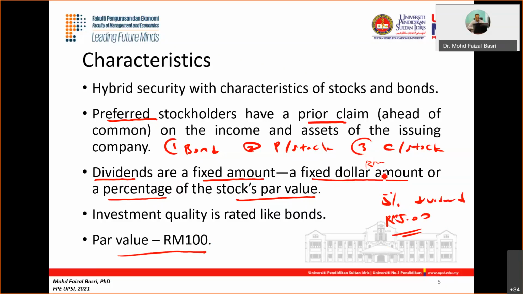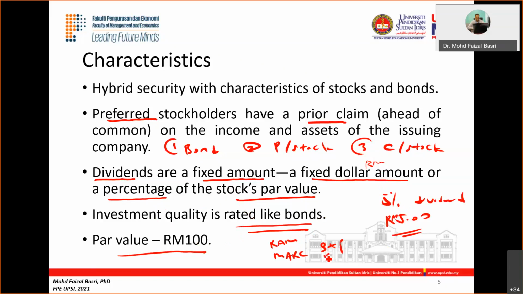Another similarity between bonds and preferred stocks is that all preferred stocks need to be rated, just like bonds. Remember we have RAM; we discussed this before in bond valuation. We have rating agencies, for example RAM, Marc, S&P and Moody's, to name a few.